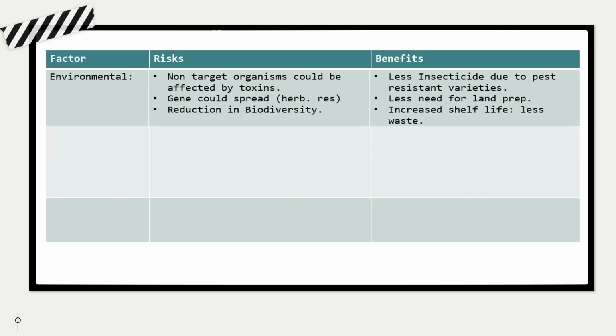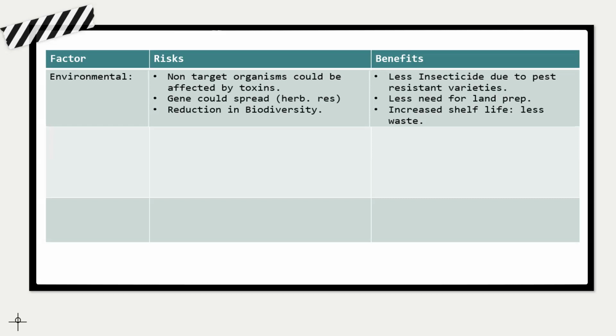There's less need for land prep. If you're going to plant a crop that is not affected by herbicides that would usually kill all crops, then as your crop starts growing, you can go out and spray with herbicides. So you can kill any other weeds, your crop keeps growing, and you've got rid of the need to treat the land beforehand.